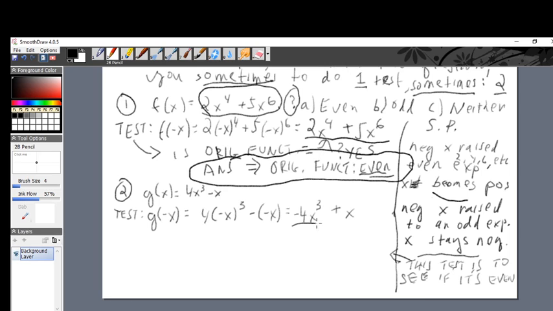Now, is this equal to the original? No. Therefore, it's not even.